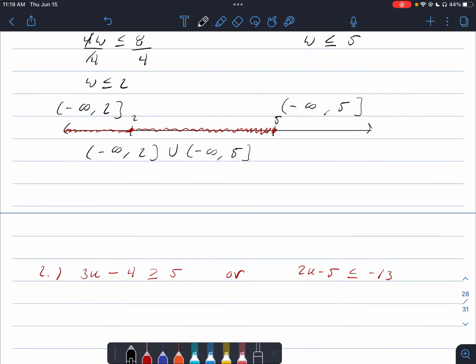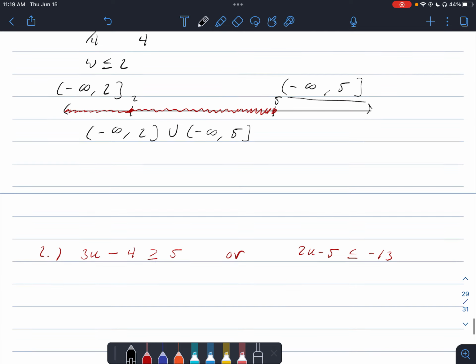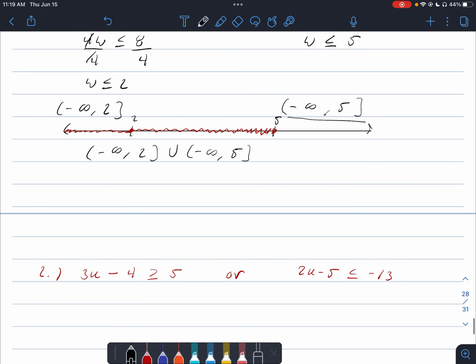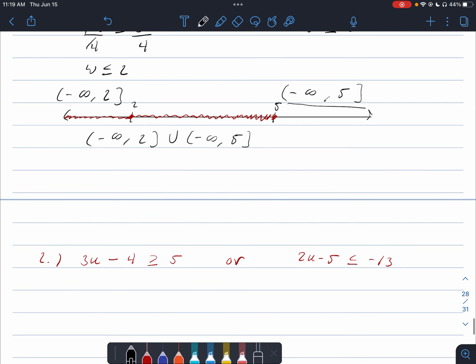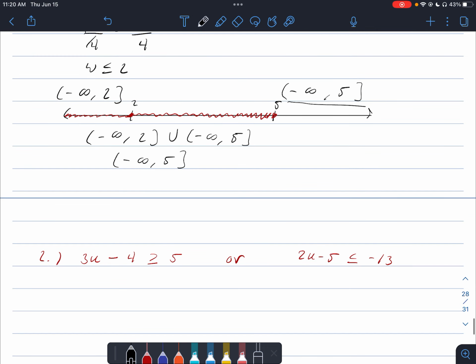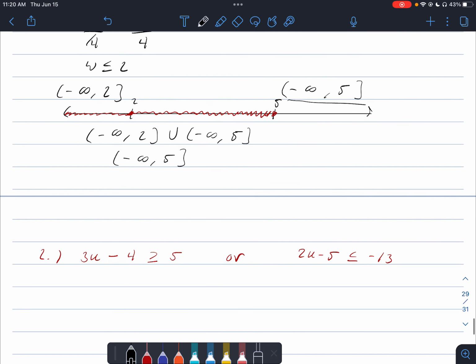Okay, and if you union these two together, you'll actually just get the inequality on the right here back. Okay. So your final answer will actually just be negative infinity to 5. Okay? Not including 5. So that would be your final answer here.